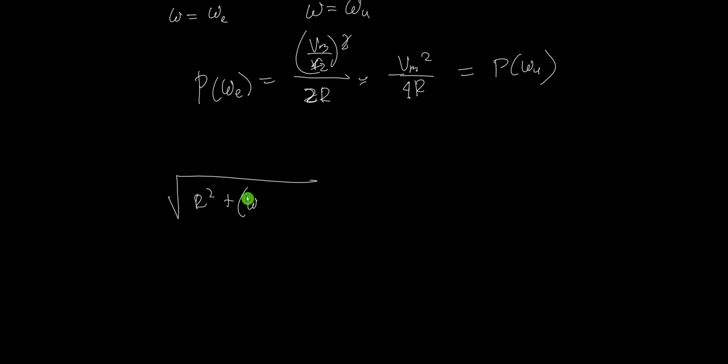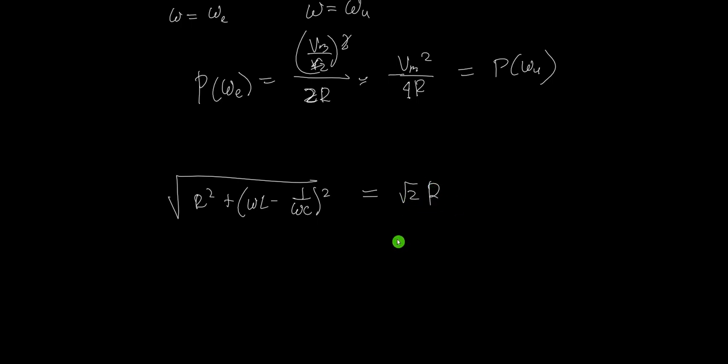I just removed the j because we have a square root here. This is XL minus XC squared. That's the magnitude of the impedance. And we just need to equate this to square root of 2 times R.